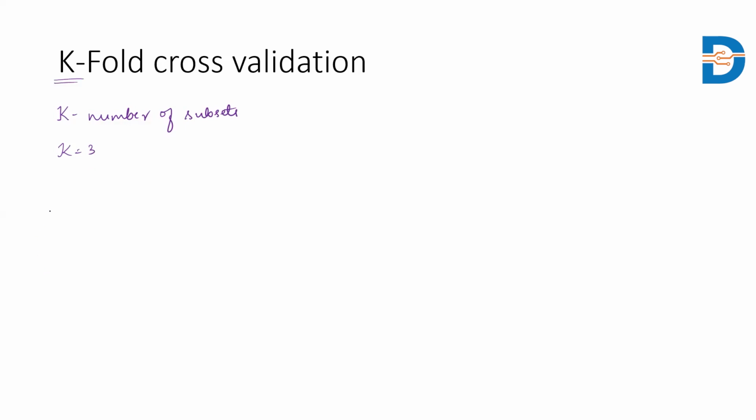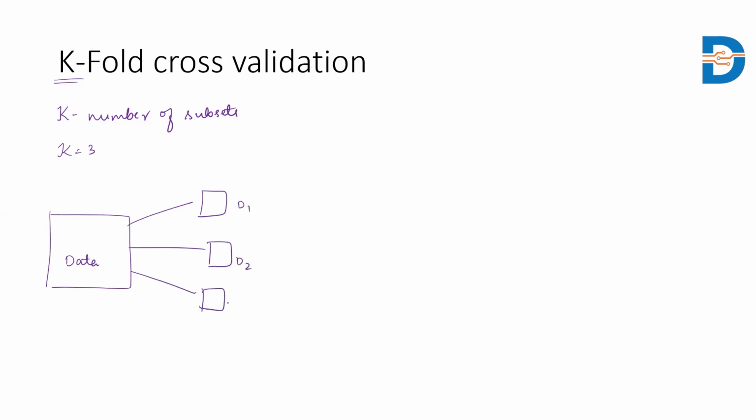Let's say K is 3. Now I have a data, and we have kept K as 3. That is, my entire data is divided into equal subsets: data set 1, data set 2, and data set 3. What did we understand? On these different subsets, model evaluation is performed. Again, how?